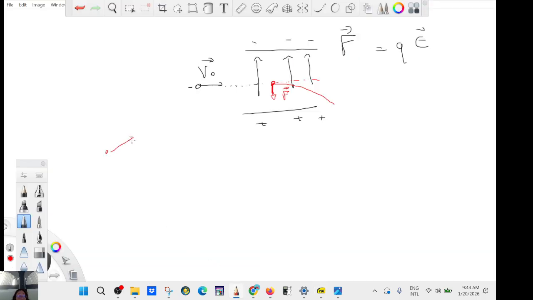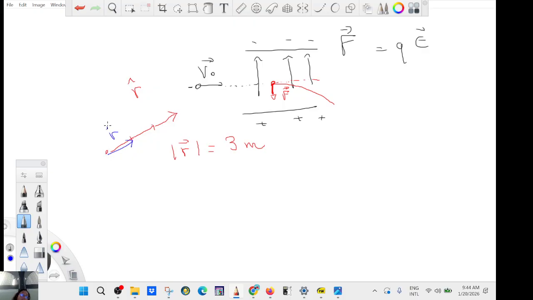Just to make sure you understand, it's a review. For example, if I have a vector this way, I call that vector r. You see that the magnitude of r is 3. You see, 1, 2, 3. 3 what? I don't know, meters, for example. Yes? So I can define the unit vector with the same direction.